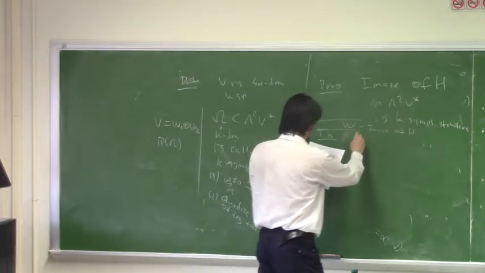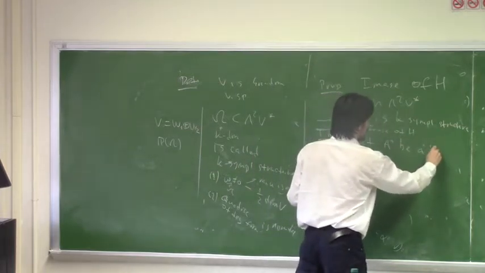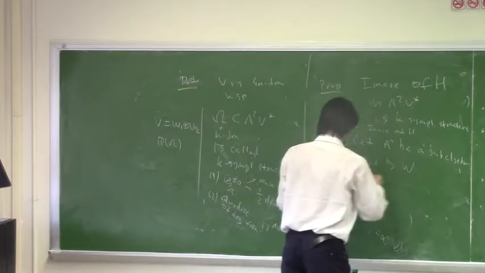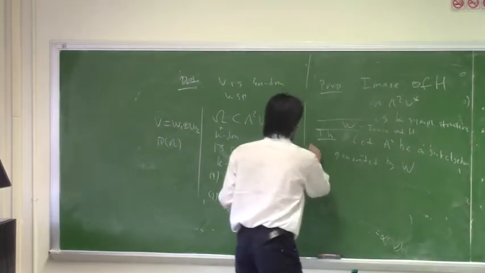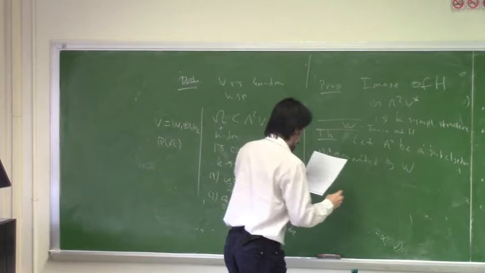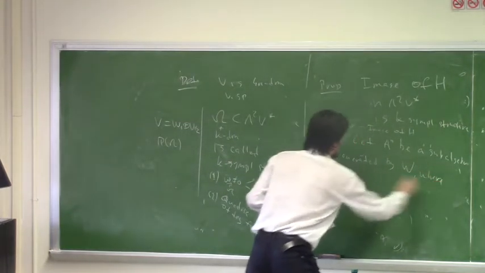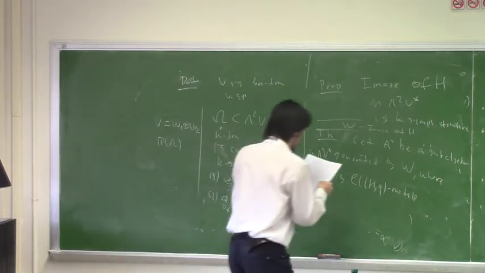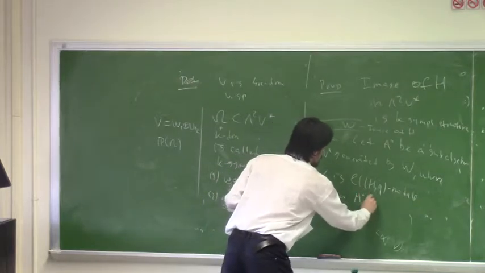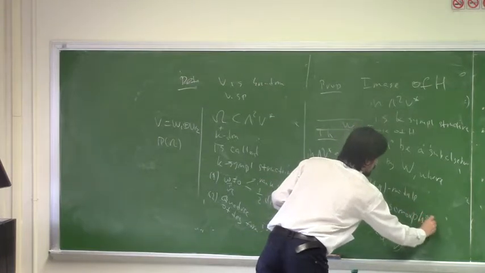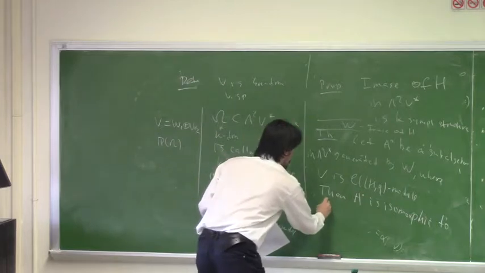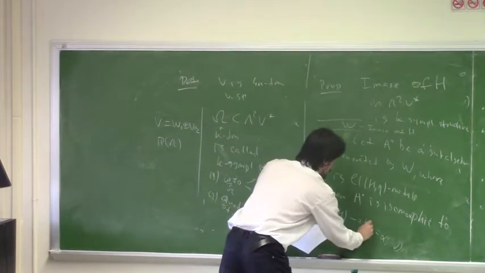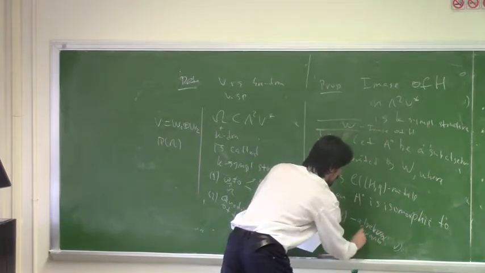For an algebraically closed field, let A bullet be the algebra generated by W, the algebra in lambda bullet star generated by W, where V is a Clifford model over H with positive form Q. Then this A bullet is isomorphic to the algebra generated by the second homology of a hyperkahler manifold.